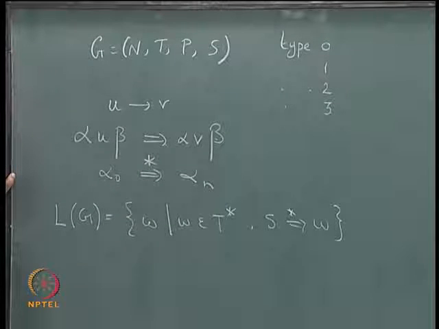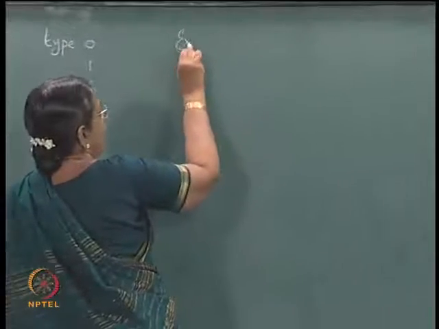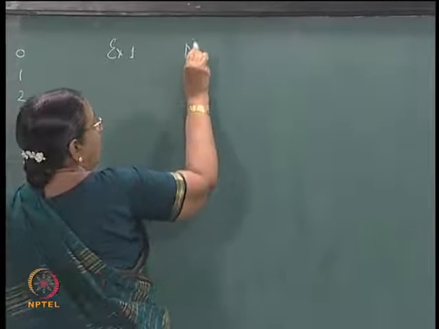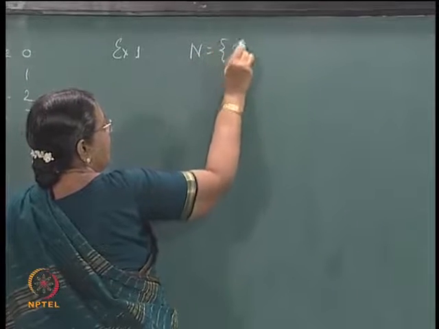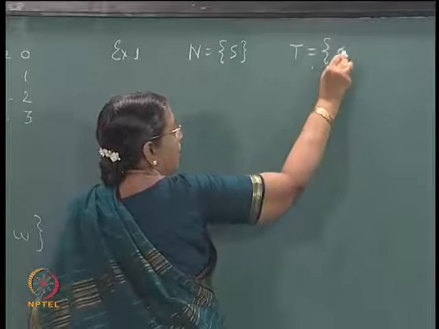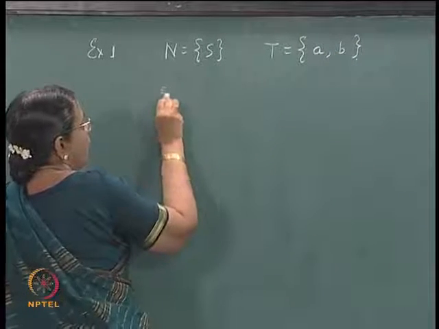Let us consider some examples. Consider example 1. The grammar has only one non-terminal, S. The terminal symbols are A and B, and you have the set of productions.